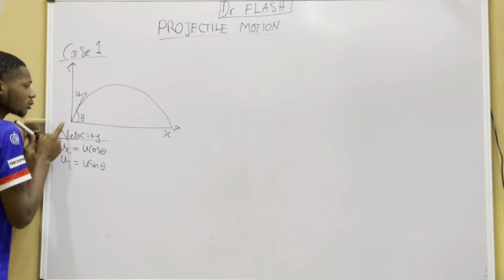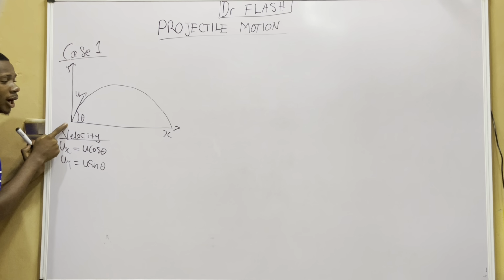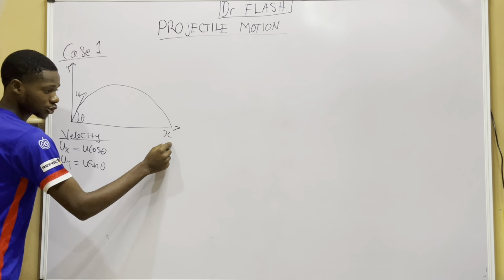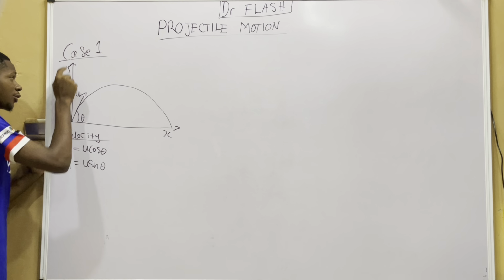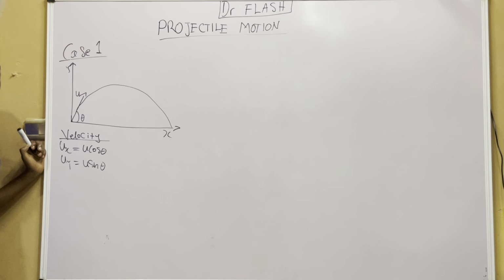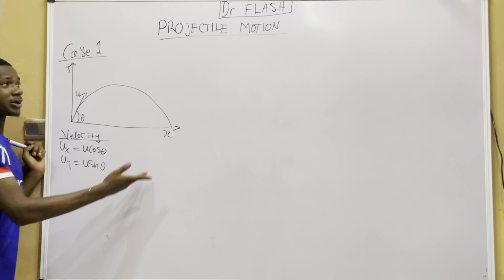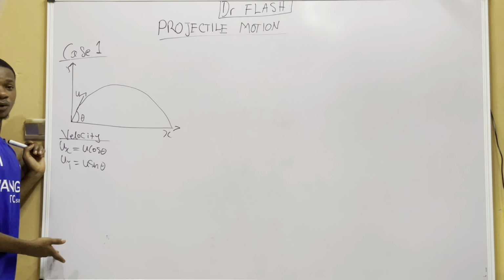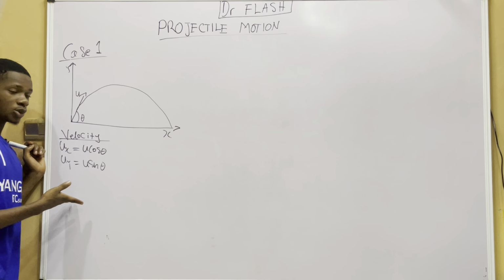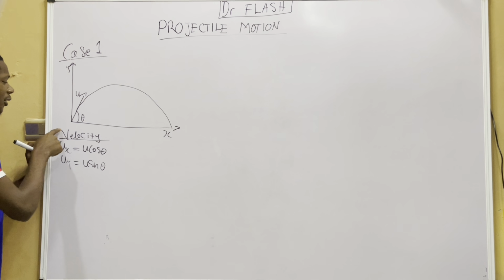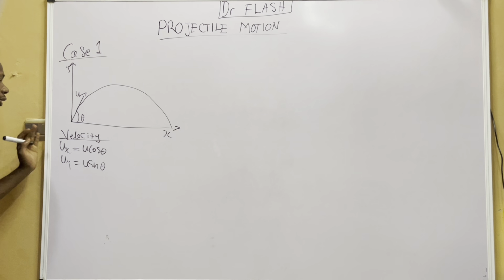For that reason, you can apply equations for horizontal motion as well as equations for vertical motion. I'm not going to be writing them here, but I'm going to be making use of them to solve these questions.